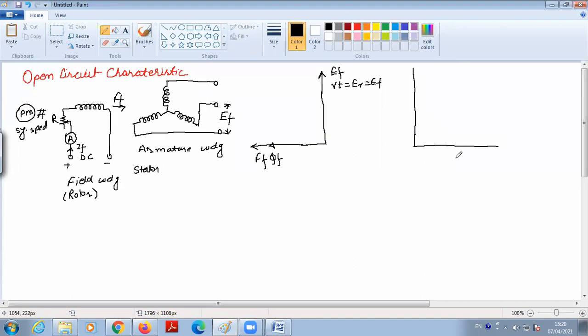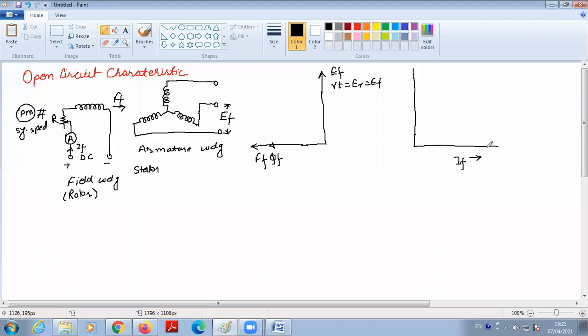From this, we are able to develop the characteristic. This is the field current If, taken on the x-axis.